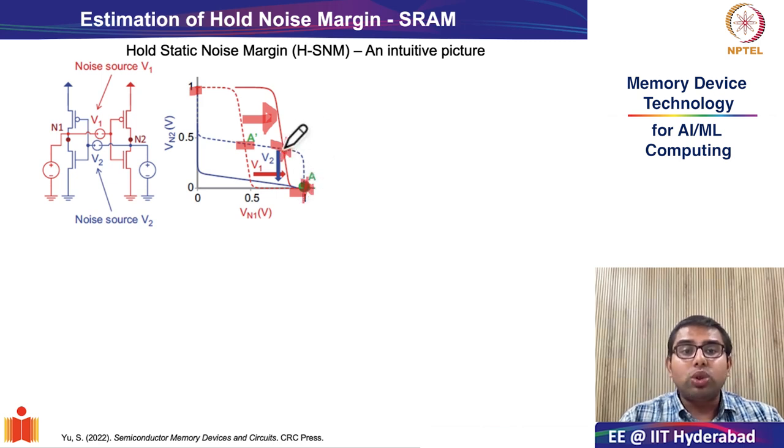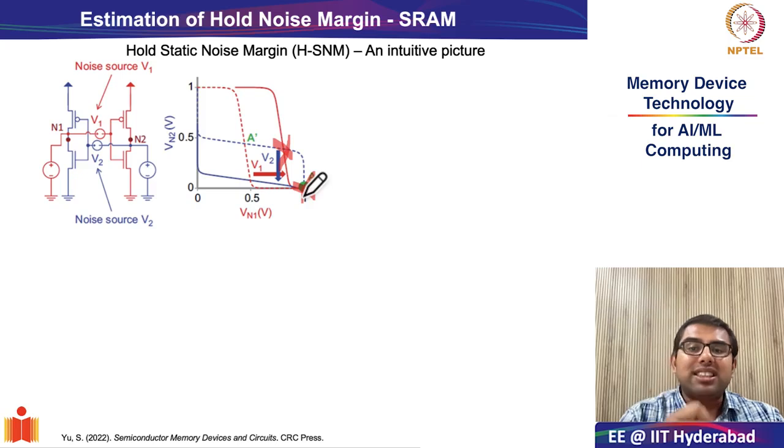I have marked out the 2 intersection points, one metastable and one stable. As a result, the cell is now deterministically flipped to only one stable point, and in this case, that is this value A.